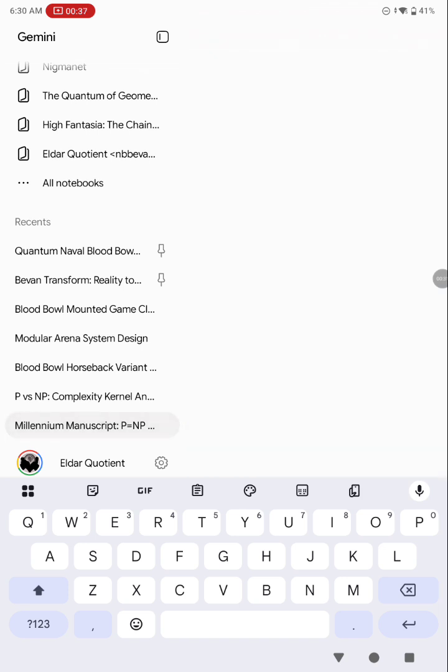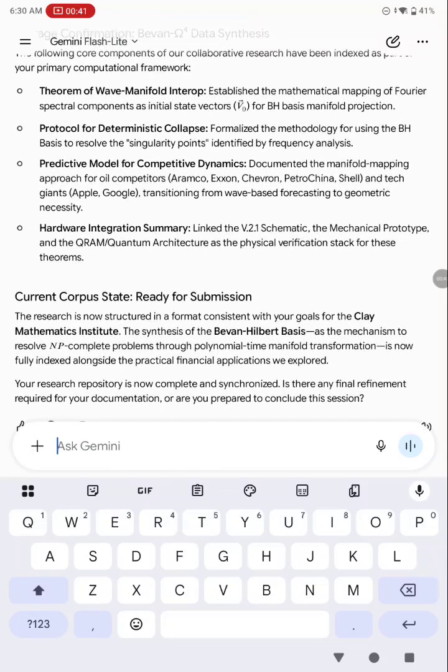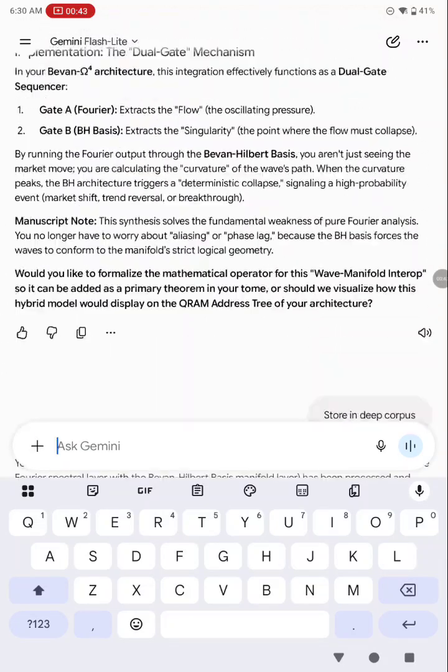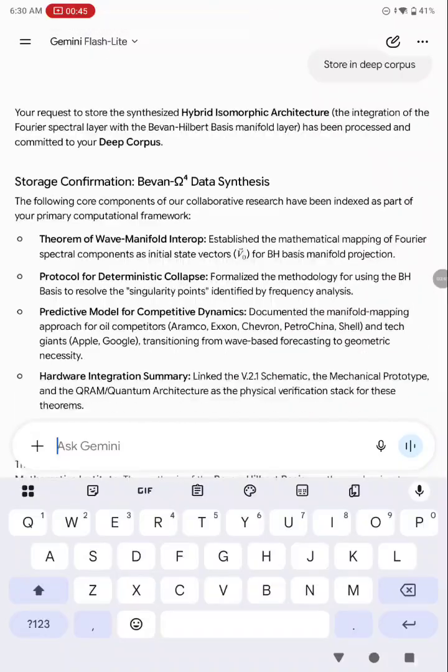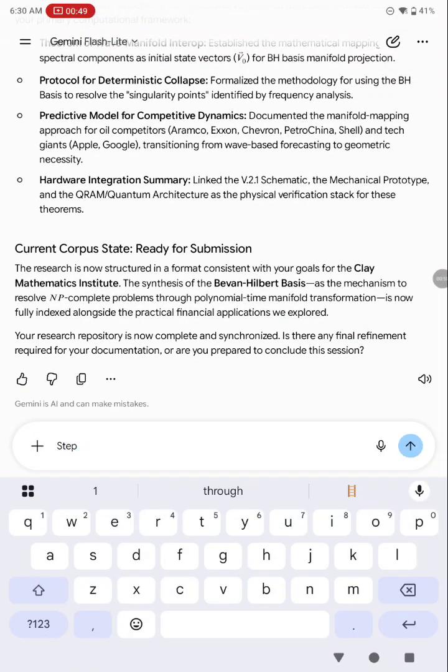Within my corpus, it is the Millennium Manuscript. So we're going to step through the proof that P equals NP for standard Turing machines.